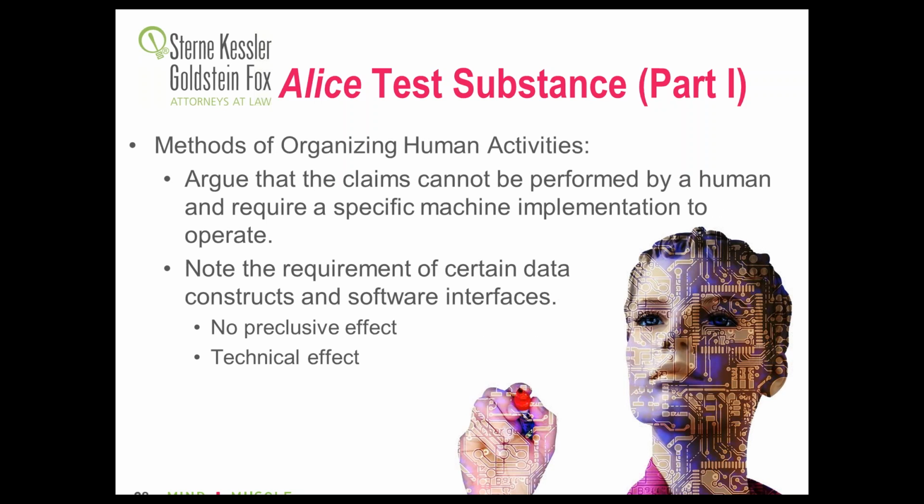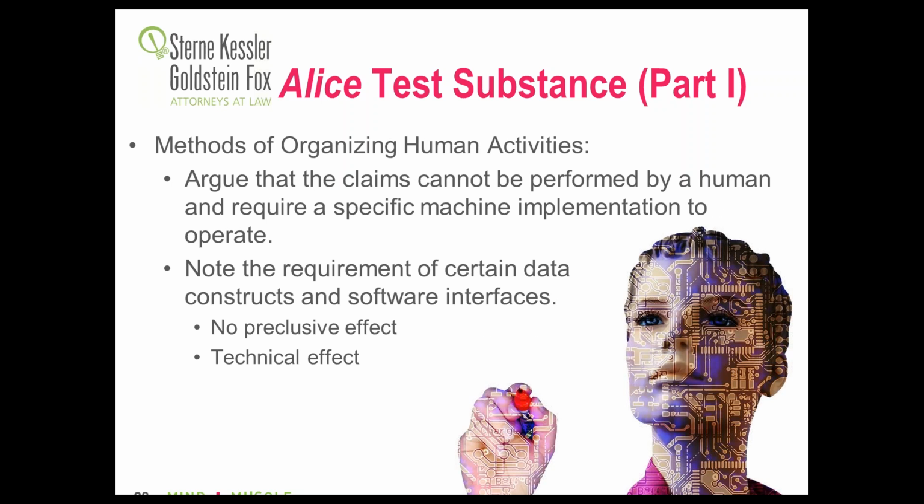One of the other abstract ideas that seems to get a lot of attention is this methods of organizing human activities. And if you think about it, just about anything is a method of organizing human activities unless it really cannot be performed by a human. And there are certain tasks, such as in the DDR Holdings case, where it dealt with the specific way that information was assembled into a web page and displayed on a computer.